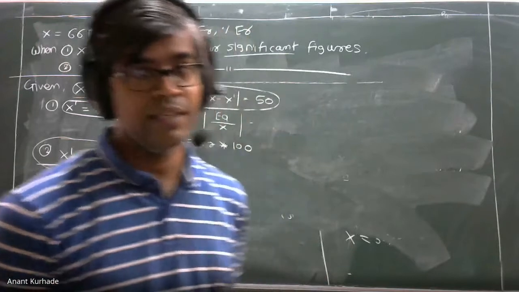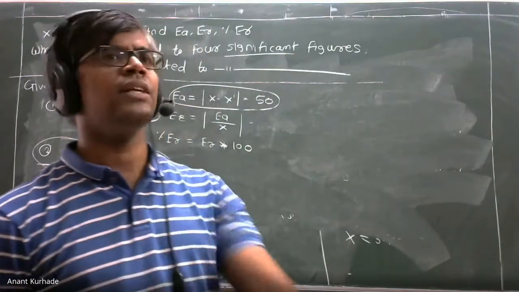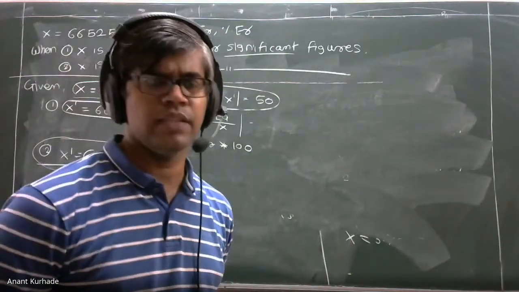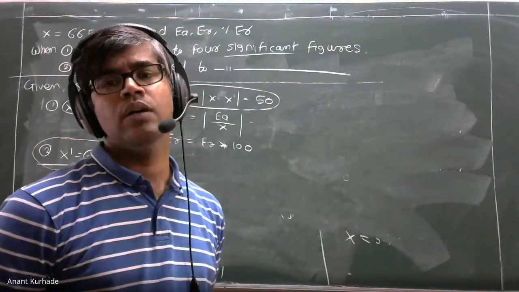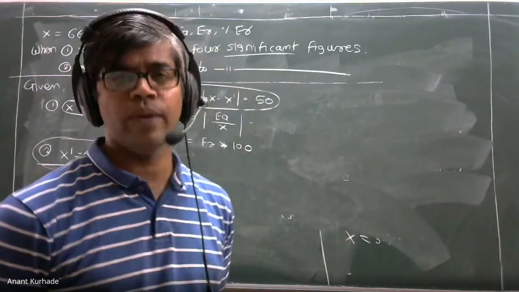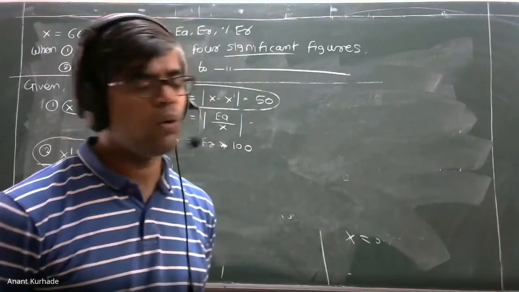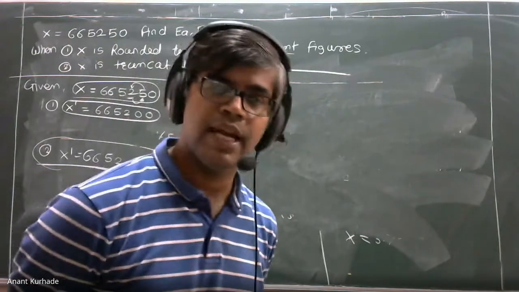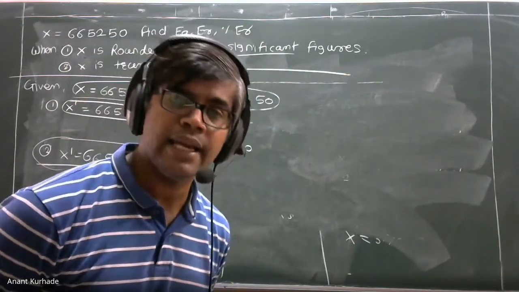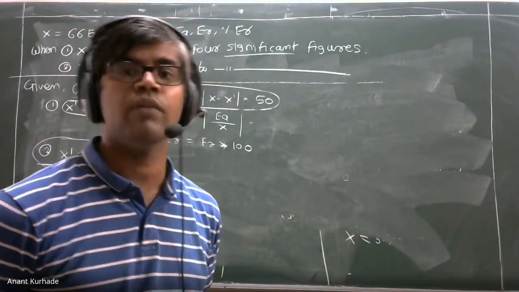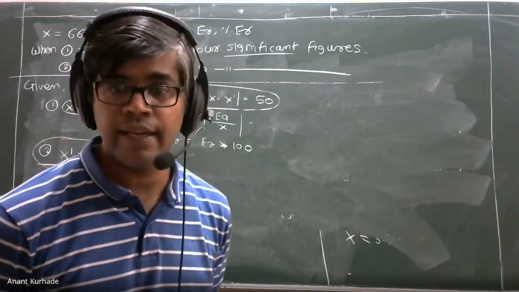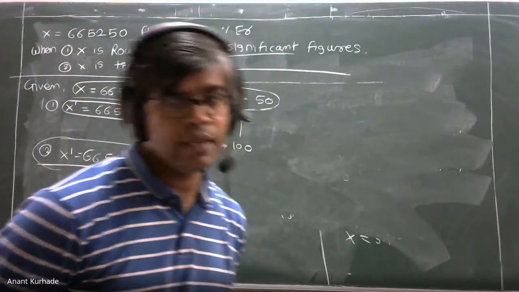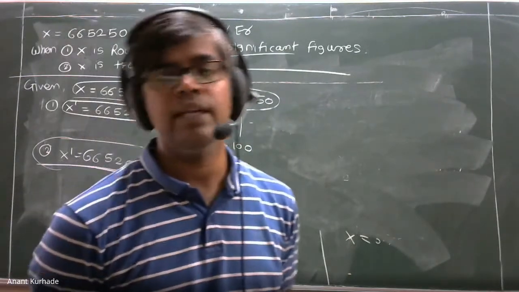It is not volume. Here it is a type of equation, and the question is: find the absolute error in A, relative error in A, and percentage relative error in A.